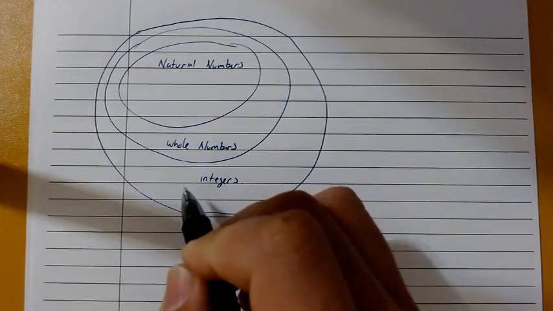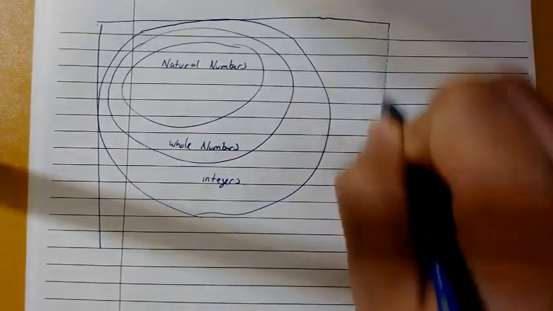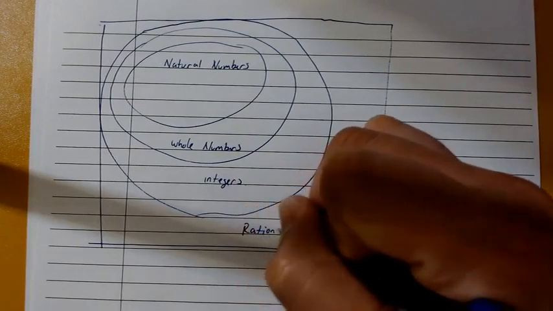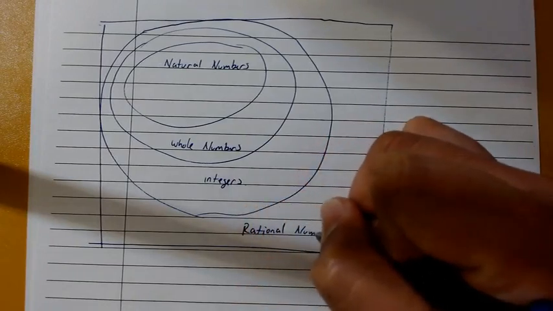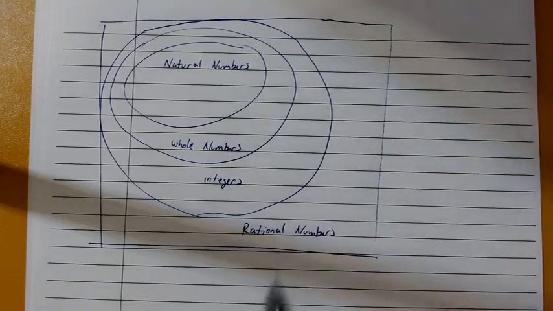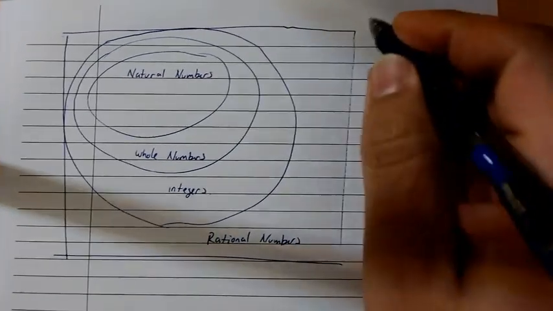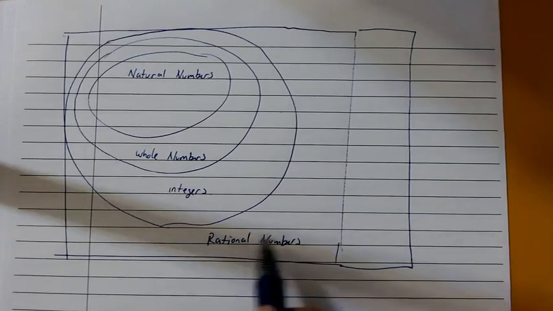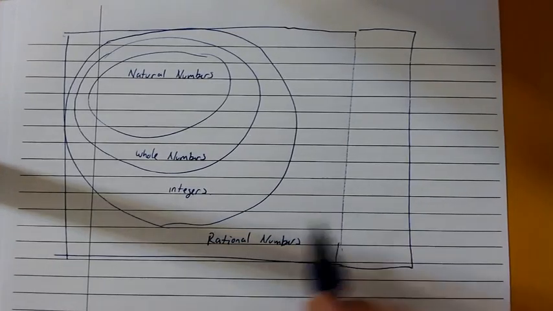And then every integer is a rational number. So the integers are inside of an even bigger set called the rational numbers. But now completely separate from the rational numbers is a set called the irrational numbers. Because remember, by definition, irrational means not rational.